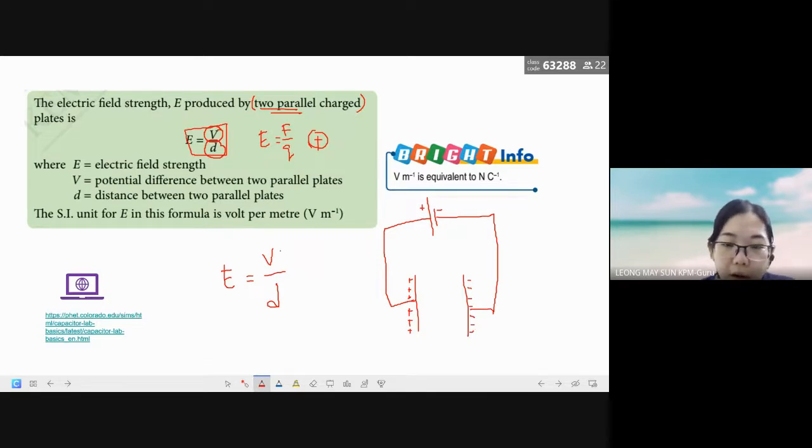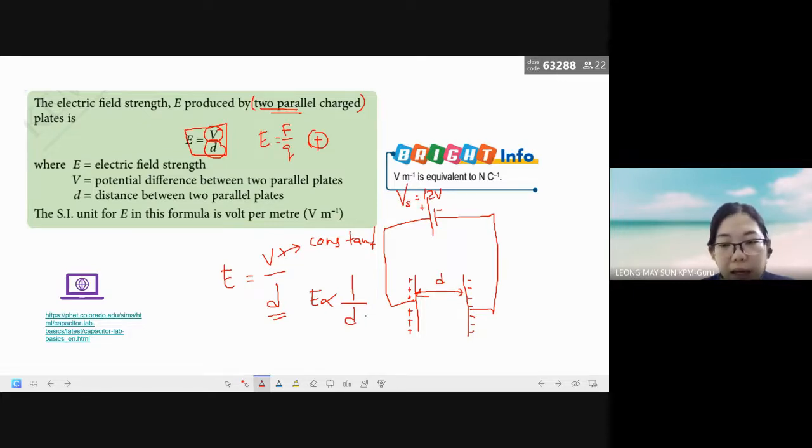So V, the potential difference, is normally the potential difference of the power supply. Let's just say it's 12 volts. And then d is the distance between the two charged plates. This is d. Because the potential difference is supplied and constant, the electric field strength in this situation is inversely proportional to the distance between the two parallel plates.